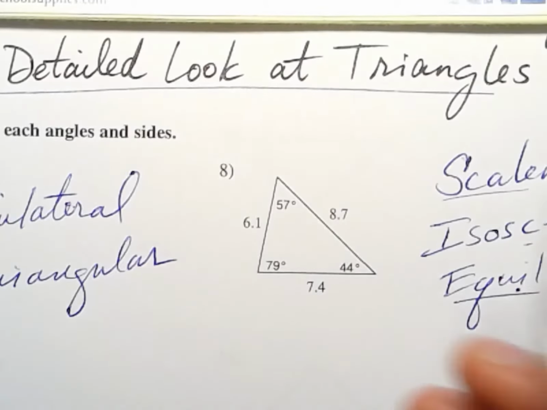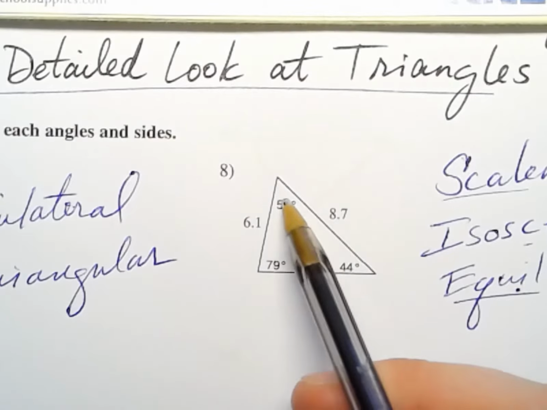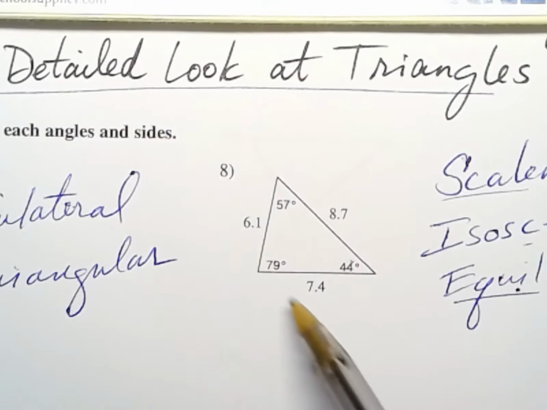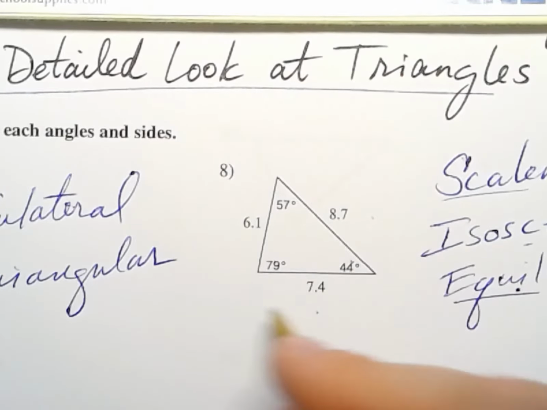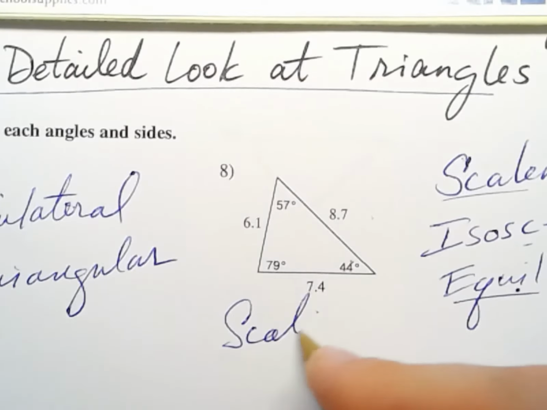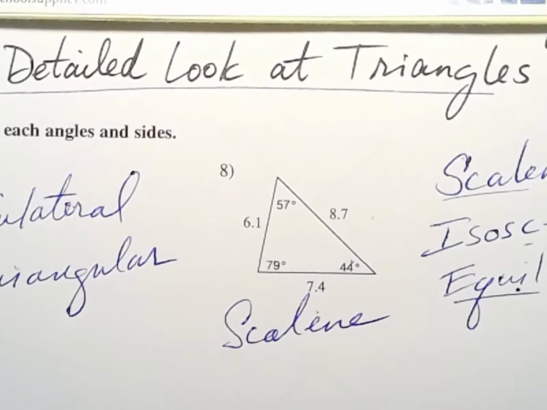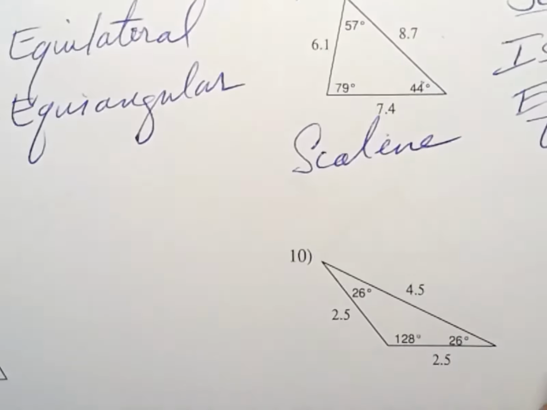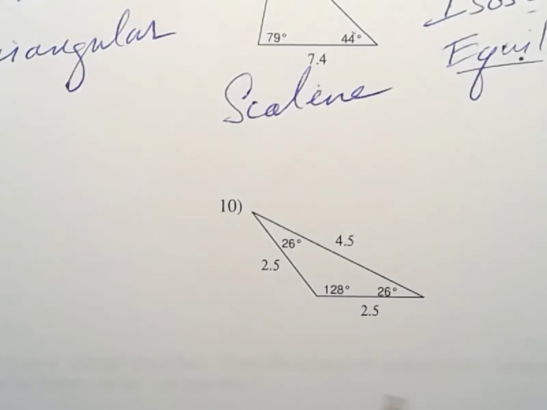Looking over here, all three angles are different and all three sides are different. Since none of the sides are the same, we call it a scalene, S-C-A-L-E-N-E, triangle. Looking down at this one now, we have two sides that are the same, and notice that the angles across from them are the same.